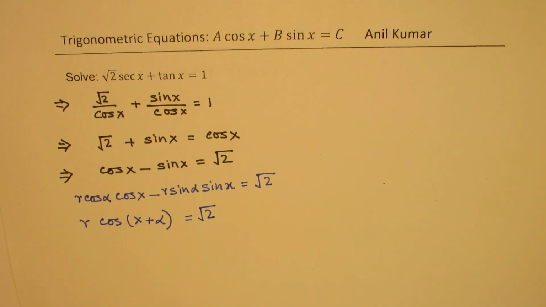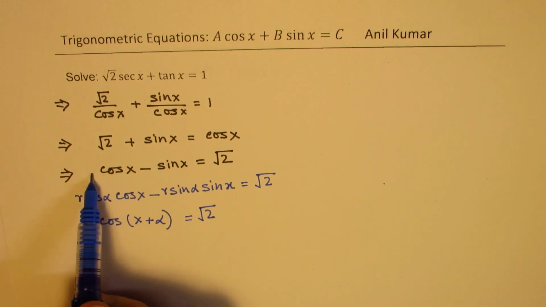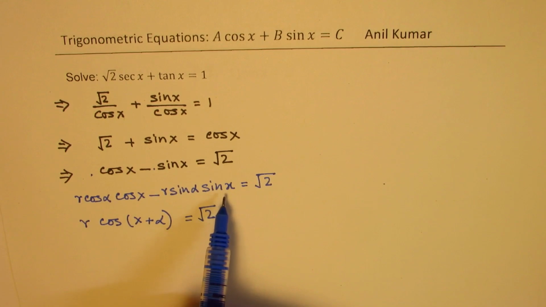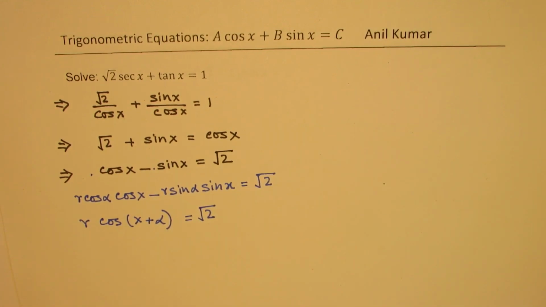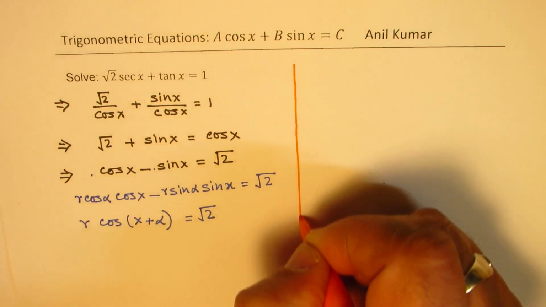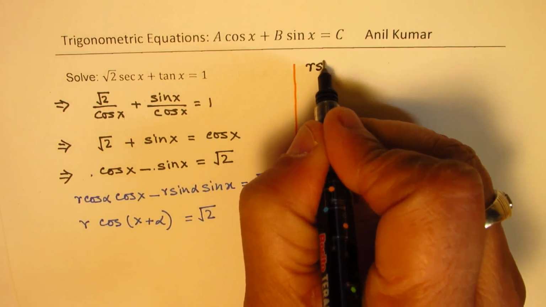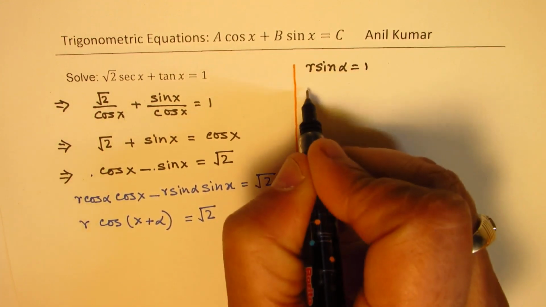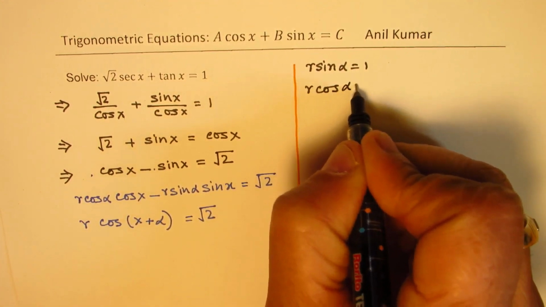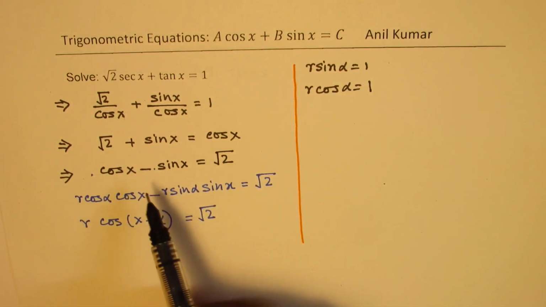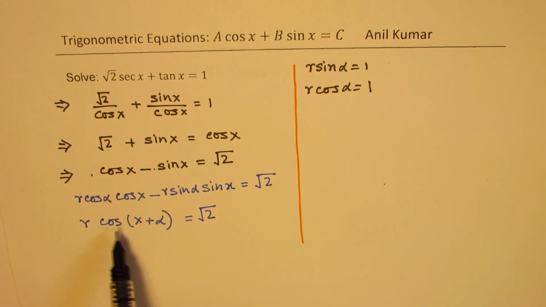We made a substitution, which is we substituted r cos alpha for 1 and r sin alpha for 1. Do you see that? And then we got this form and we wrote it in the fashion given. So the substitution which we made here was, let me write here, r sin alpha equals 1 and r cos alpha equals 1, which are the coefficients of sine and cosine. We maintained this negative sign so that we could write our final solution in terms of cos of x plus alpha.